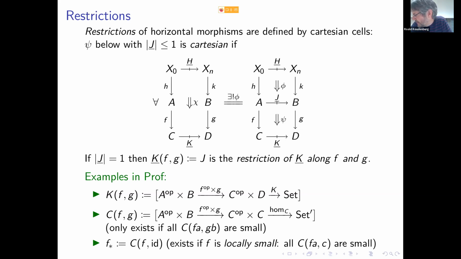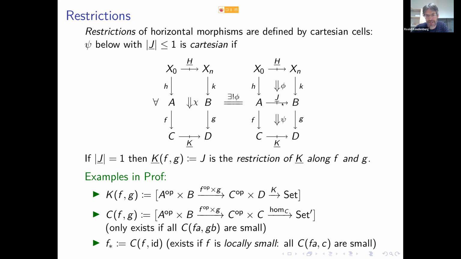Now, to give that notion of formal Yoneda embedding, we need the notion of Cartesian cell. So let me tell you about that. So here we have some cells in augmented virtual double categories. By H underline, I mean a path of horizontal morphisms, H1 up to Hn, from x0 to xn. Now this cell psi here in the bottom right, we assume that its horizontal source is of length 1 or smaller.